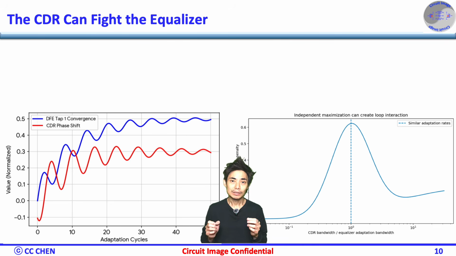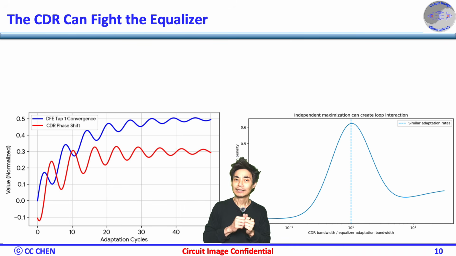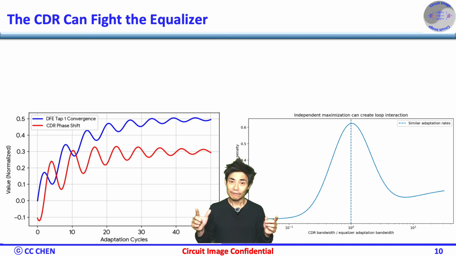Edges are shifted by residual ISI. Different patterns create different edge locations. If the CDR bandwidth is too high, it may chase this ISI-induced edge shift, but the equalizer may still be adapting to remove the ISI. So the CDR can fight the equalizer.